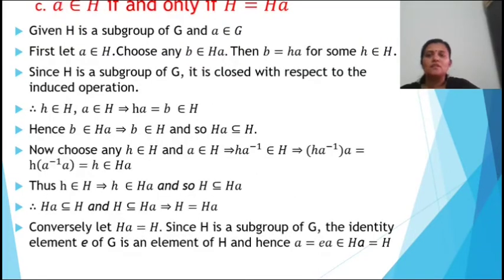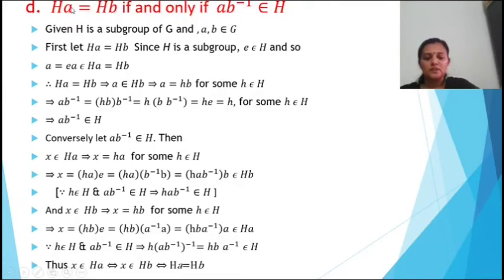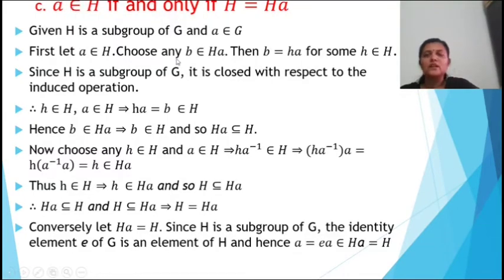Now see, we have to show that a is an element of H if and only if H equal to Ha, given that H is a subgroup of G and a an element of G. Since it is if and only if, we have to show both sides. For that, first assume that a is an element of H, then choose any b element of Ha, then b is equal to ha for some h element of H. Since H is a subgroup of G, it is closed with respect to the induced operation.